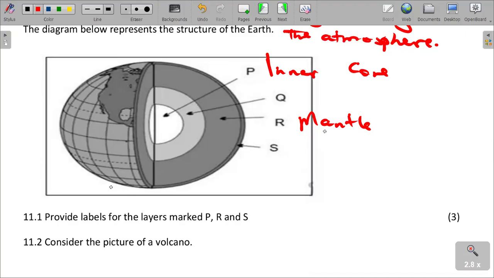S is the outer layer, which is the crust. Q, if it is asked, is the outer core, but of course in this case it is not asked.